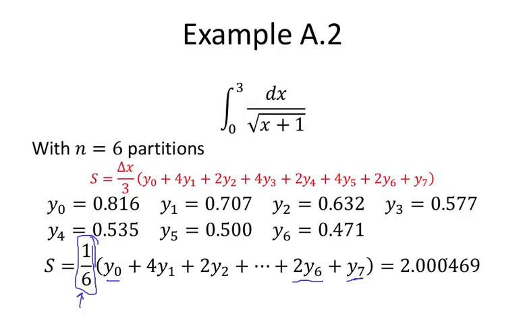And you get this much more precision. Never mind that I did round numbers down for y0 to y6, but in my algebra system I actually had much more precision, which I used to calculate this 2.000469. And as you can see, it gets a lot closer to the value of 2.